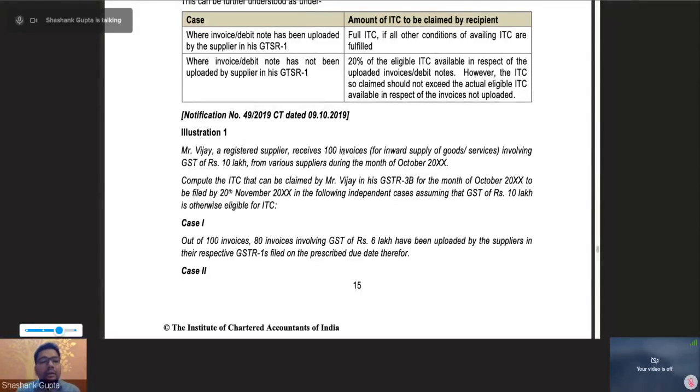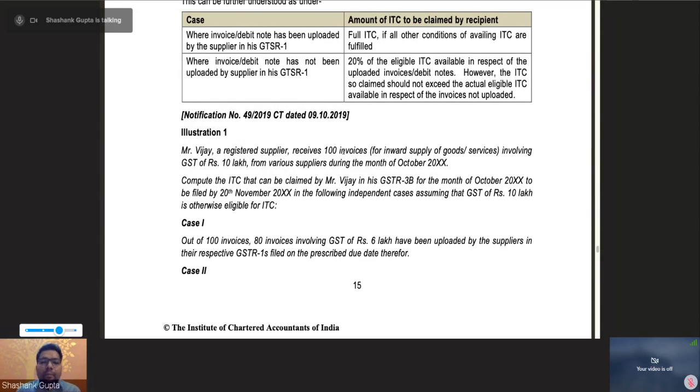Okay. Case 1 says, out of 100 invoices, 80 invoices. So first let me tell you, this number of invoices is only to confuse you. There is no linkage of what number of invoices were received and what number of invoices have been uploaded.